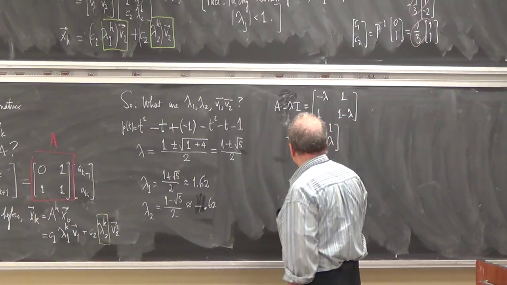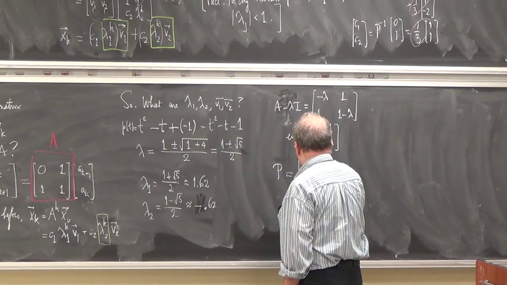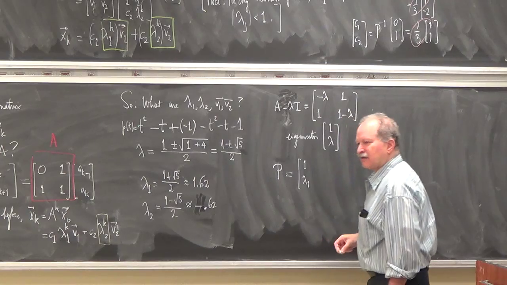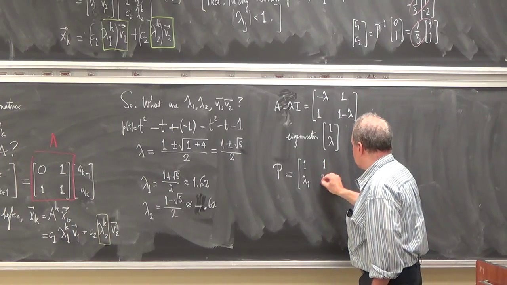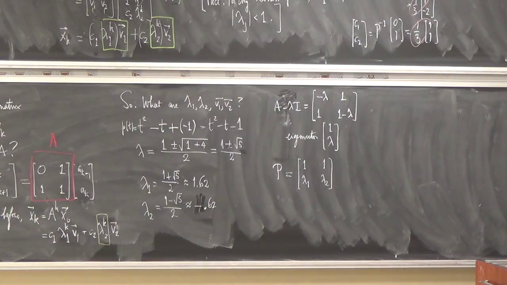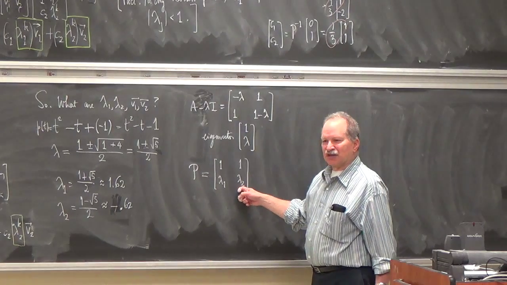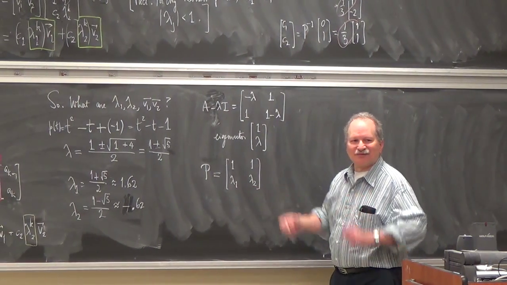Okie dokie. So what would my P matrix be? Let's put lambda 1 in the first slot and lambda 2 in the second slot. It's a little yucky because I'm actually getting a negative here, so the determinant is going to be negative, but we can live with it.